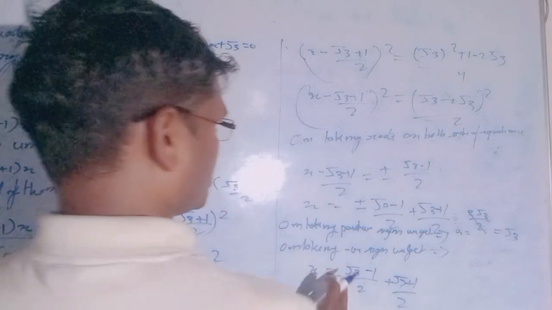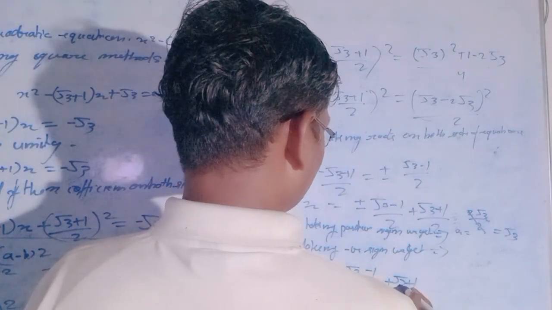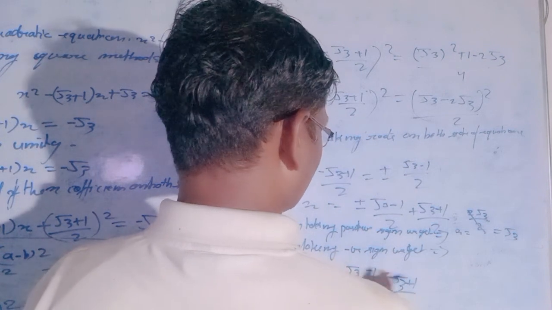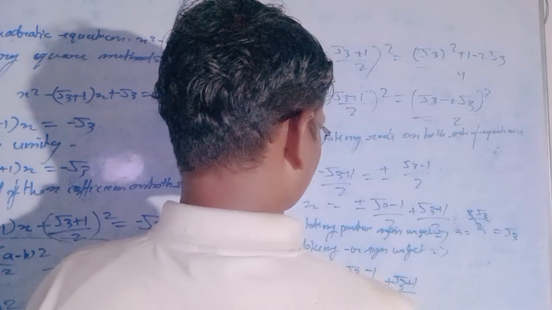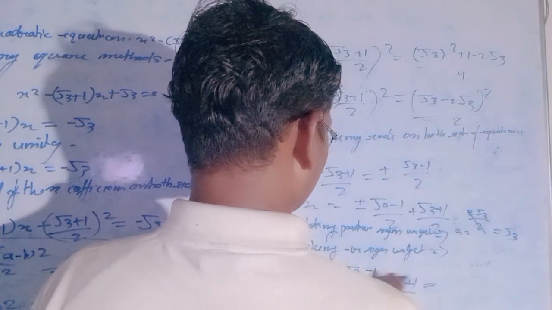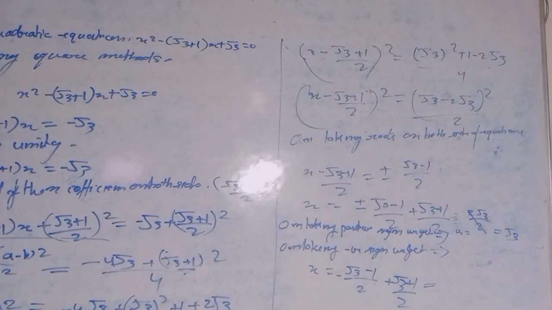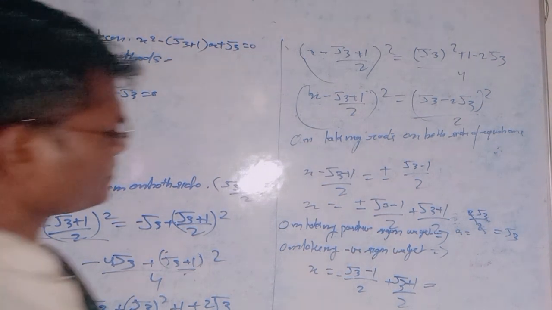Got it? So this became negative signs, so here will always be √3 and √3, minus 1, minus 1, it became cancel out, and positive and negatives is both given here. So what will we get here? We will get minus and plus, negative signs, √3 and minus, here is the negative signs. So √3 plus 1 by 2.